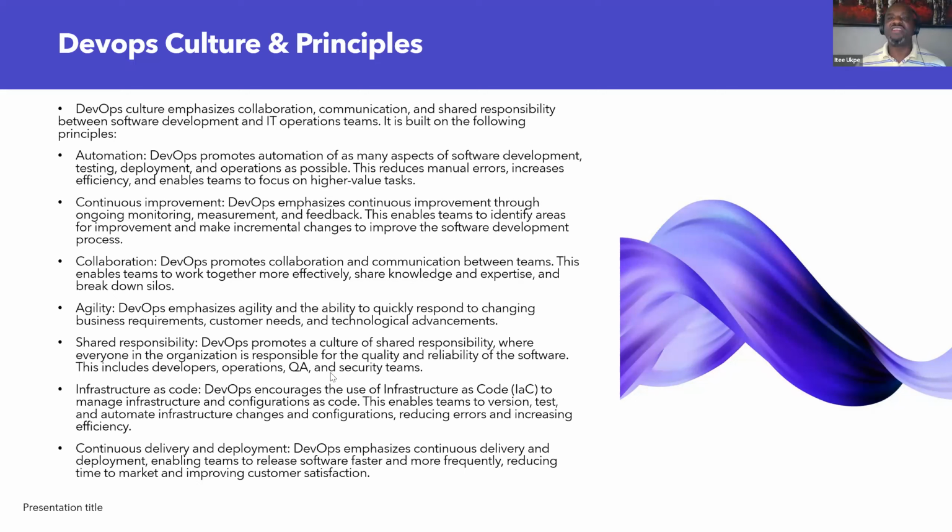Then you have continuous delivery and continuous deployment. These are the ones that we've talked about. Continuous deployment is you continuously deploying your application, your software, as you get it through. There's a difference between continuous deployment and continuous delivery. Continuous delivery is you stop after testing, and you have to approve the deployment.